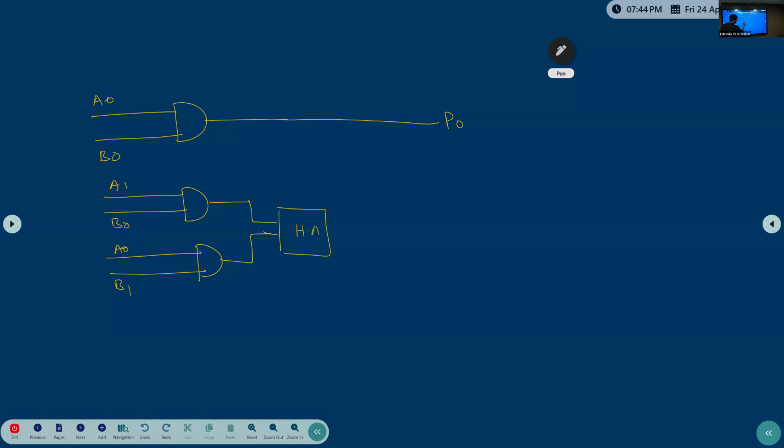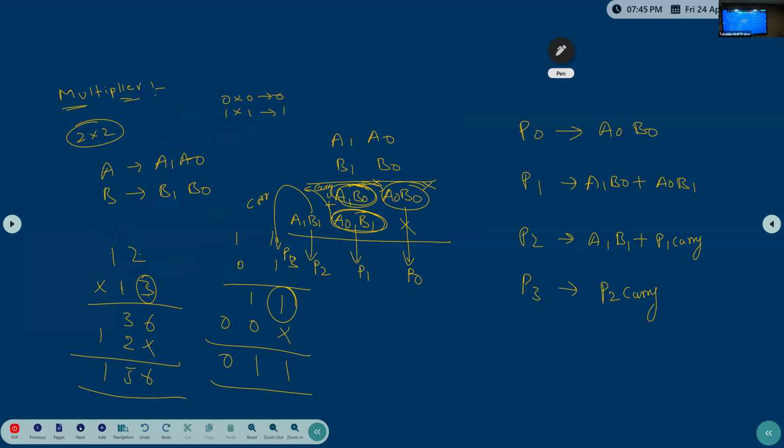Half adder, what will it generate? The sum it will generate, that sum will be P1. The carry it will generate will go to the next stage. What is the next stage we have? A1, B1, right?